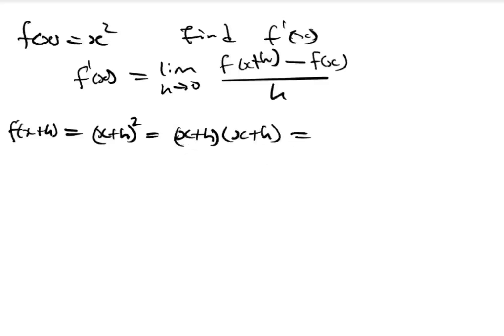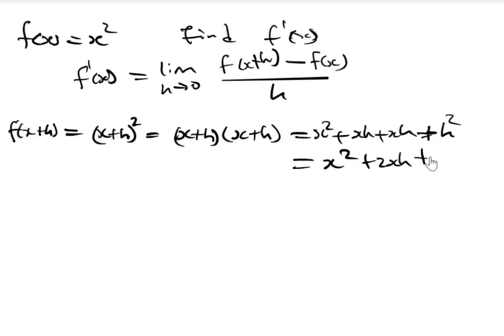This is equal to x multiplied by x, which gives me x squared. x multiplied by h is xh. h multiplied by x is the same thing as xh. And h multiplied by h is plus h squared. This is the same thing as x squared plus xh plus xh, which gives me 2xh plus h squared. So this is our f of x plus h.